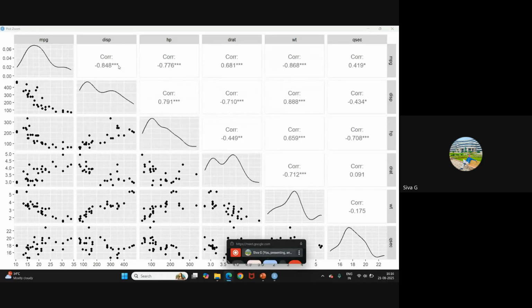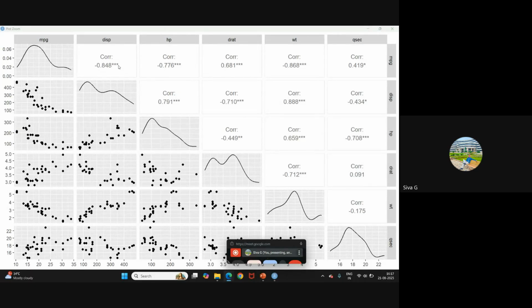If you get 2 stars, it is significant at the 1% level of significance, that is 99% confidence that the data is valid. If you get 3 stars, it is highly significant.